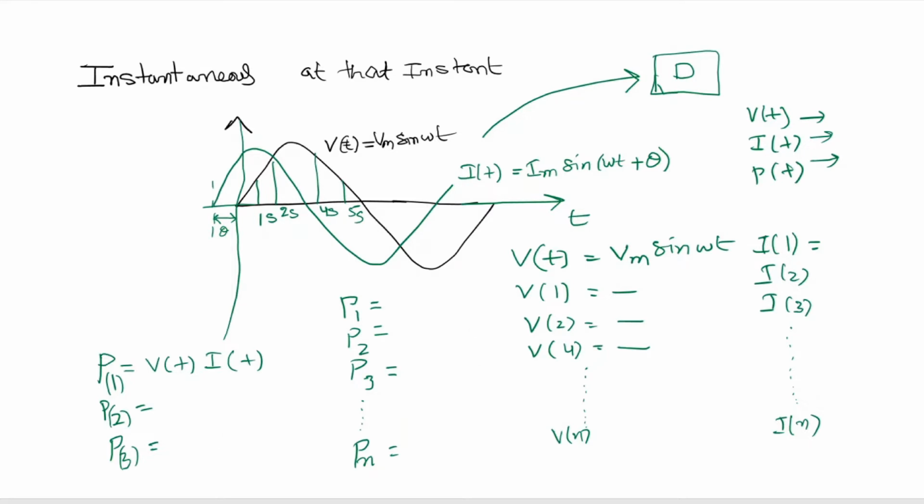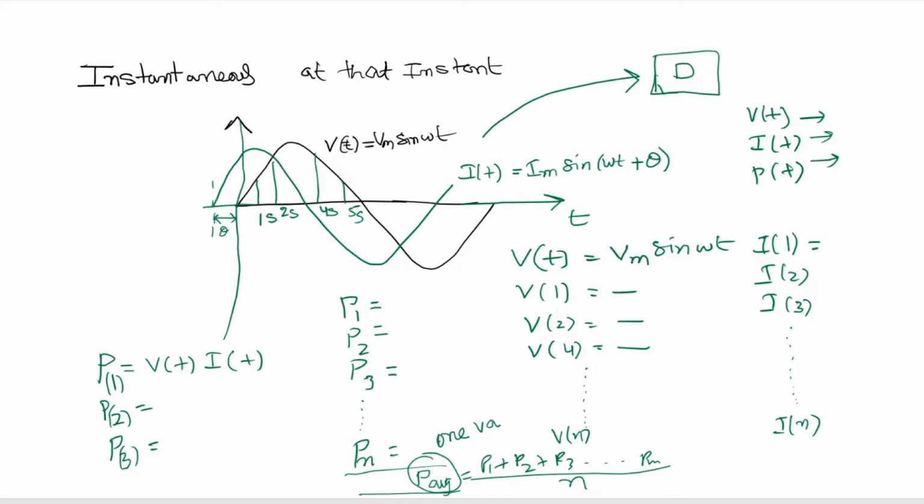So instead of telling with respect to time, I will do one thing. I will take the average of these powers. So P average is equal to P1 plus P2 plus P3 plus so on up to Pn, divided by n, where n is the number of instants you are taking. So I will get the average power. Then I will get one value. How many values will I get for the power?